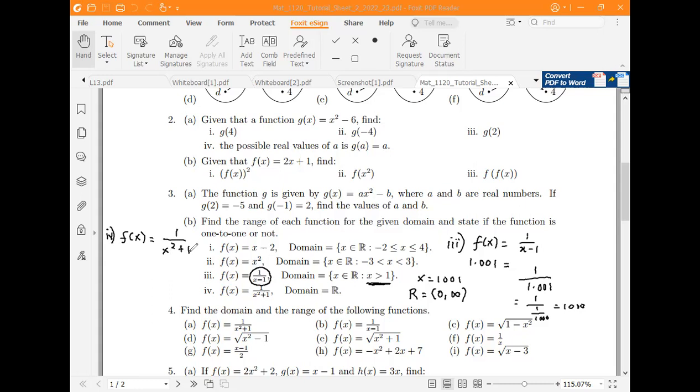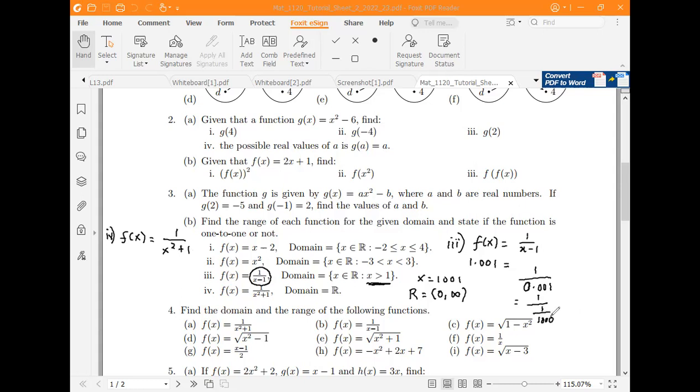So this demonstration is not good. So if I use a 0 here, that's when I can demonstrate that I will have 1 over 1.